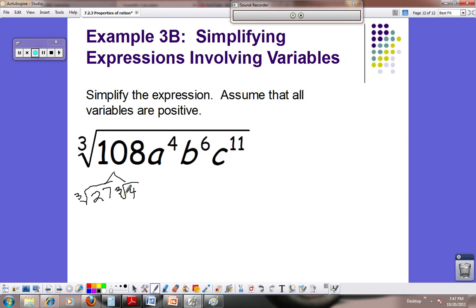Okay? All right. And then all of our letters. So the cube root of 27 is 3.